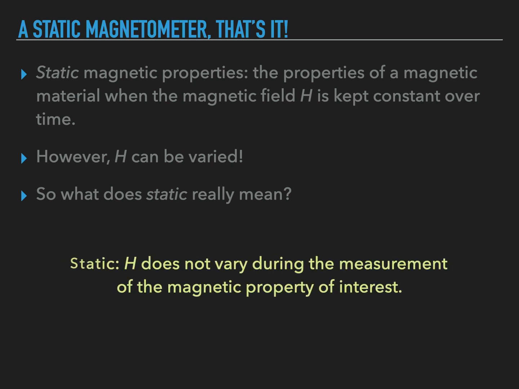It means that the magnetic field does not vary during the measurement of the magnetic property of interest. Of course, you can change the magnetic field value and measure the magnetic property as many times as you want at different applied field values. And yet, this is not always true, as we will see later on.